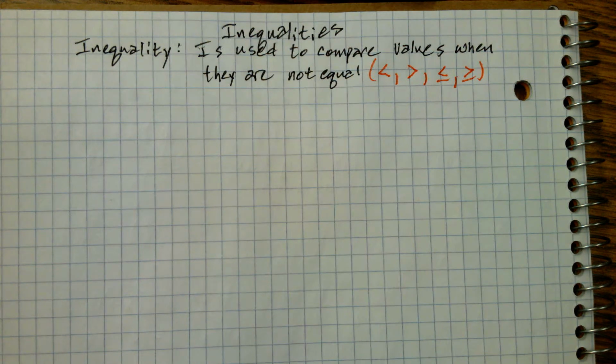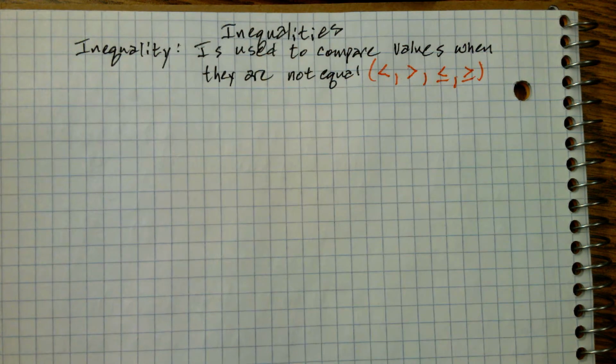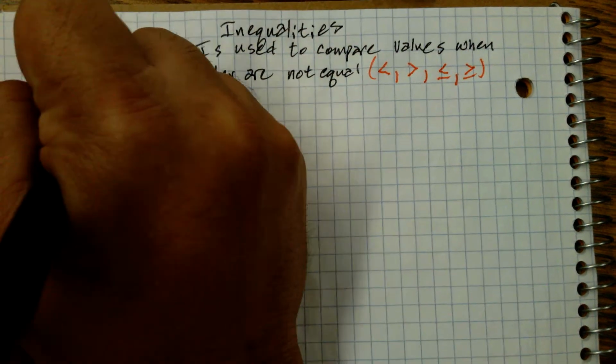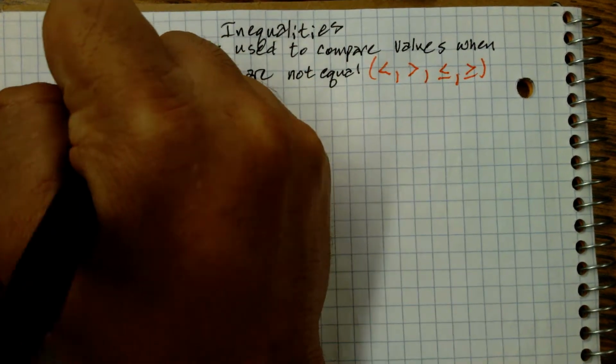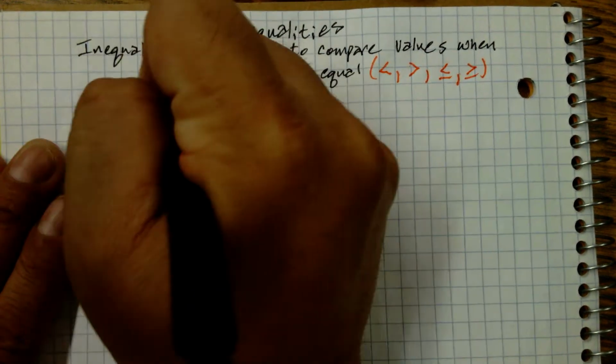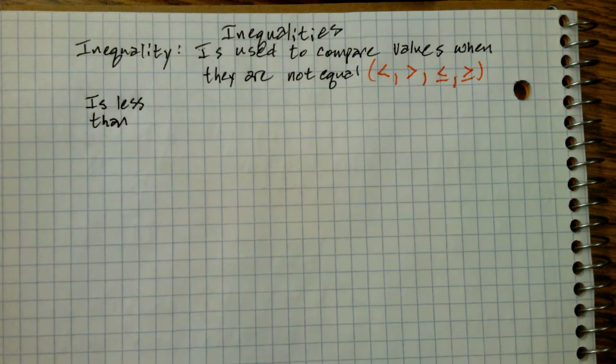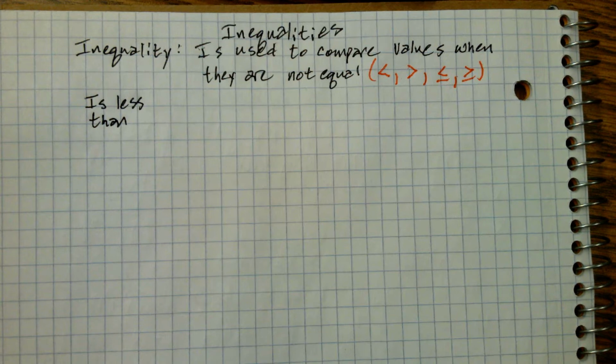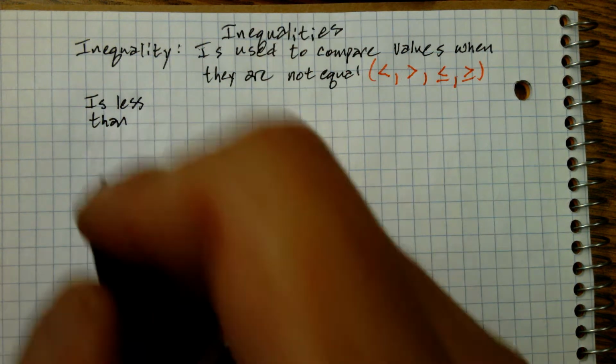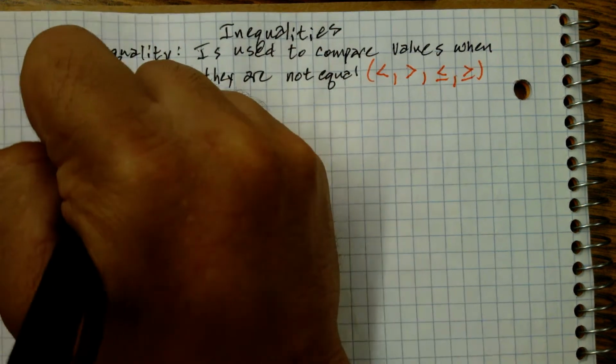So the first one is less than. Is less than. And you do need the word "is" in front of it when we're referring just to the symbol. So the symbol is this one.